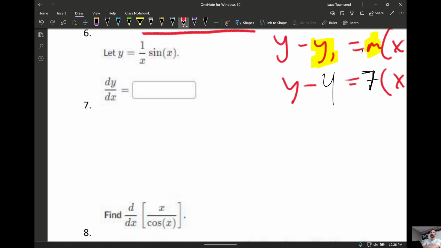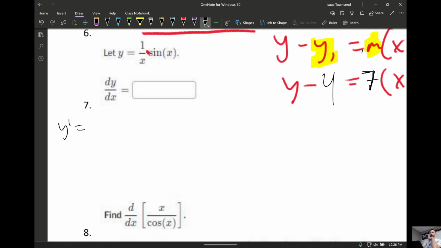It's an inner outer thing, right? No, it's not a chain rule. This is 1 over x times sine x. What's another word for times? Product. Product something. Well, I gave you 30 seconds.